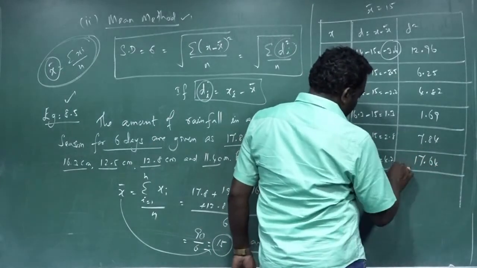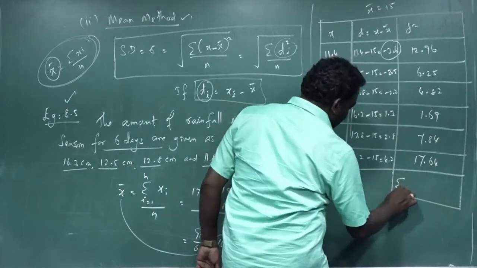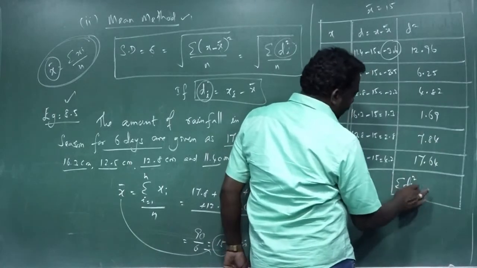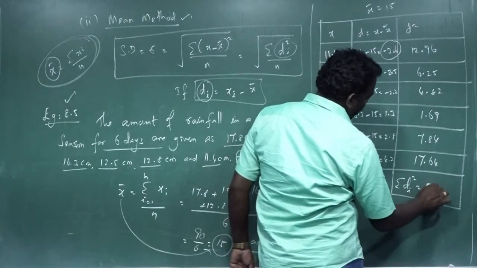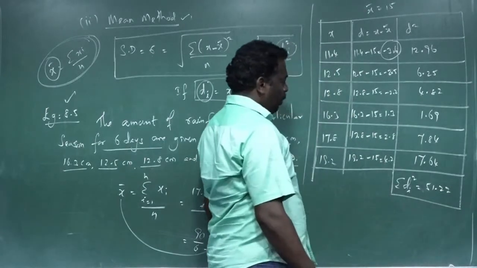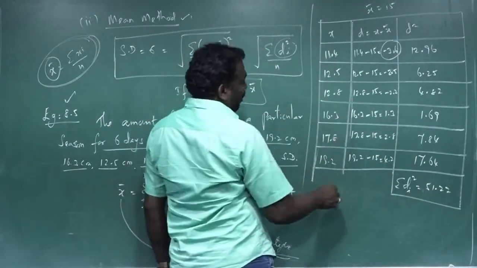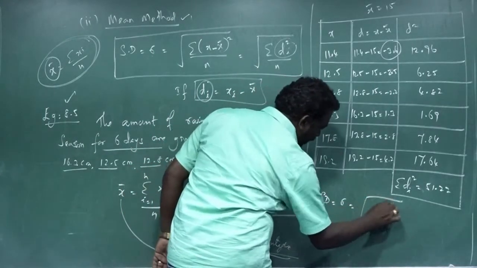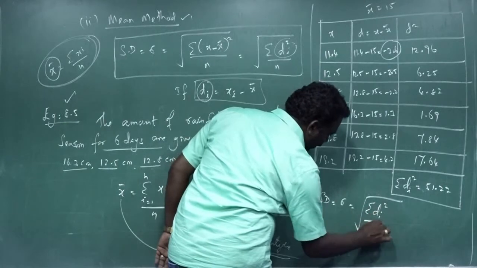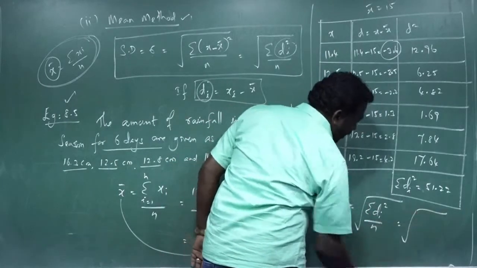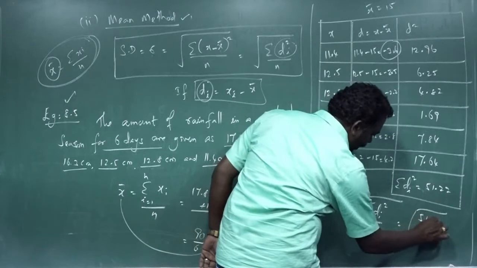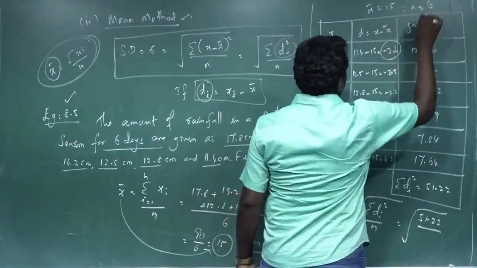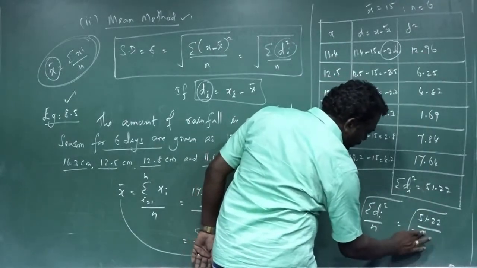Now calculating the summation of d square, we obtain the final value equal to 51.22. After that, applying the formula for standard deviation, sigma is equal to square root of summation d square by n, that is the square root of 51.22 by n, where n is the number of data, which is 6.